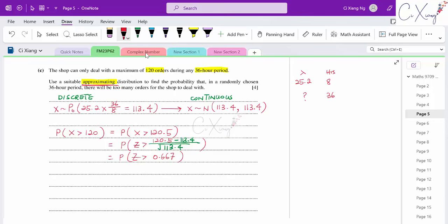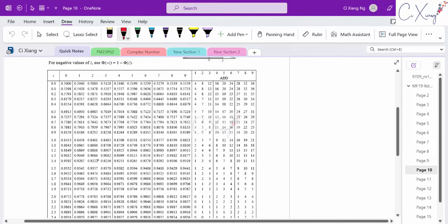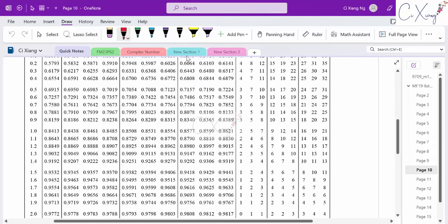To get the answer for this probability, I have to take 1 minus the area from the normal distribution table. So 0.667, let's have a look for 0.667. Okay, so 0.66 is this one, and then 7 will be 23. We have to add 23 to the last two digits of 7454.